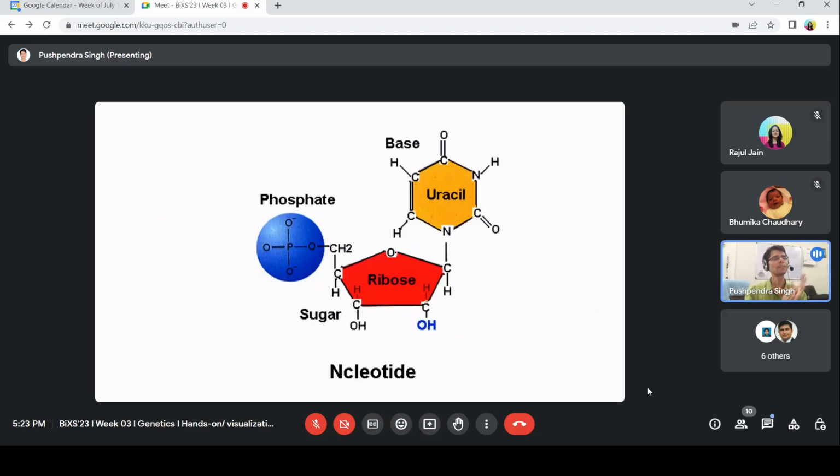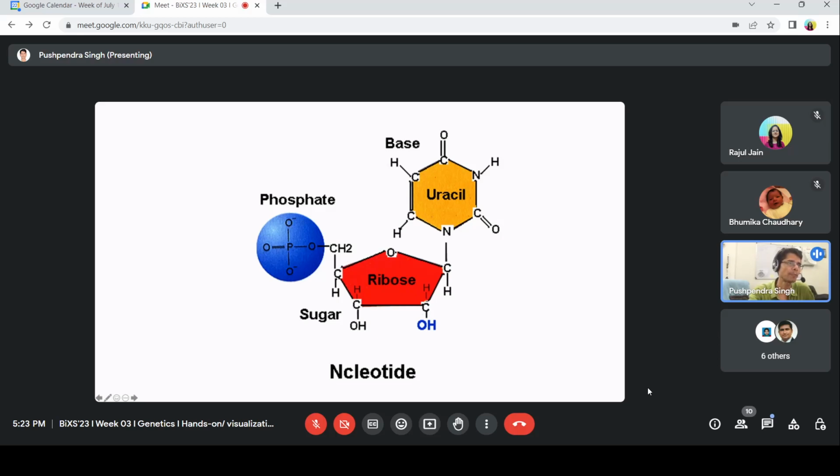Since we have some very young kids also here, let's begin with the colorful picture of the basic unit of DNA, which is a dNTP, or basically a nucleotide triphosphate, which has a ribose sugar. That is the name that you see in ribonucleic acid. It comes from the ribose sugar here.